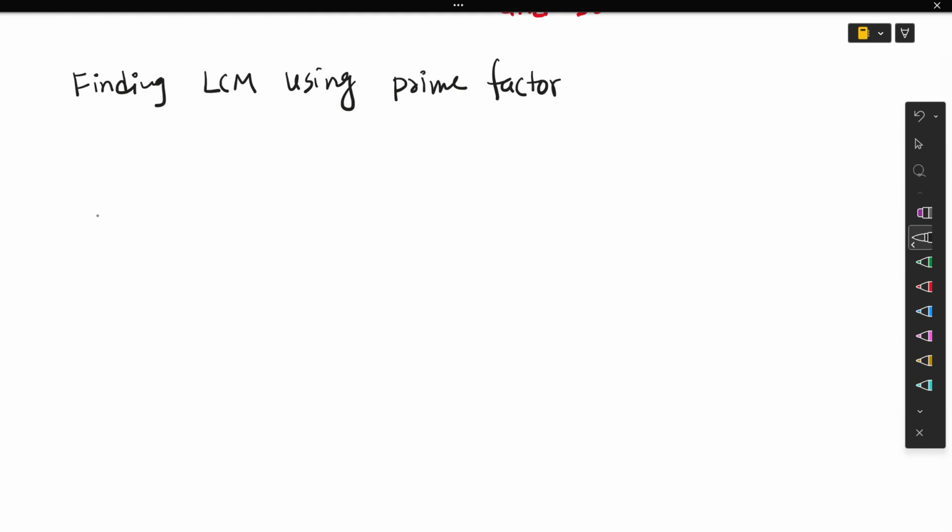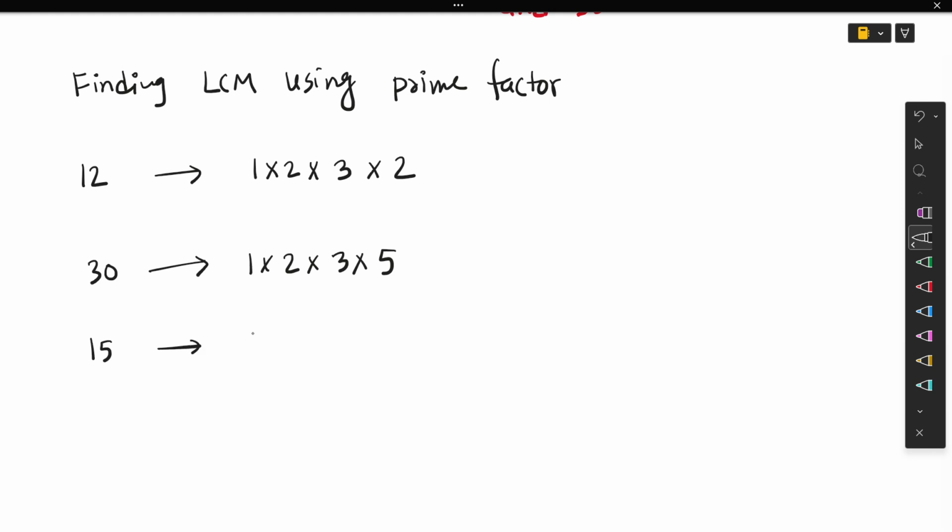Okay, prime factors. So here 12 can be written as 1 times 2 times 3 times again 2. Another is 30. For 30 it is 1 times 2 times 3 times 5, and 15 is 1 times 3 times 5.